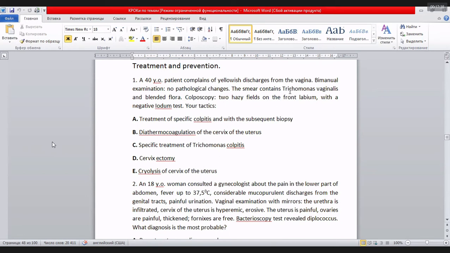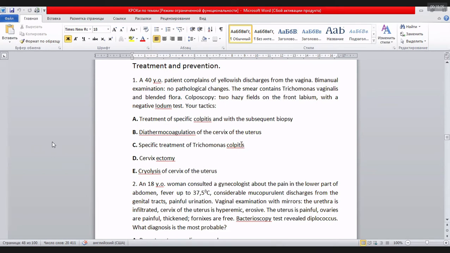In this case, it is Trichomonas colpitis. That's why we need to treat this colpitis, and after this we take biopsy from the cervix, biopsy of the tissues of the cervix. Diathermal coagulation, if we do it with colpitis, it can cause spreading of the infection.